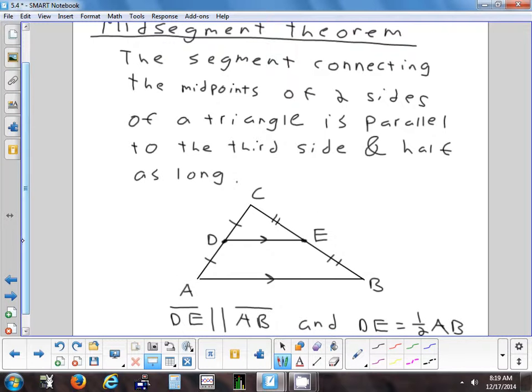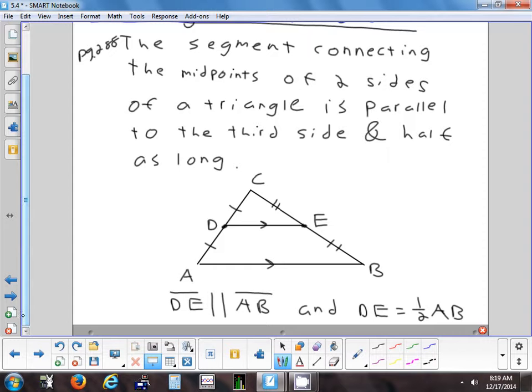Okay, but that's called the mid-segment theorem. Okay, and it's on page 288. Okay, any questions on that?